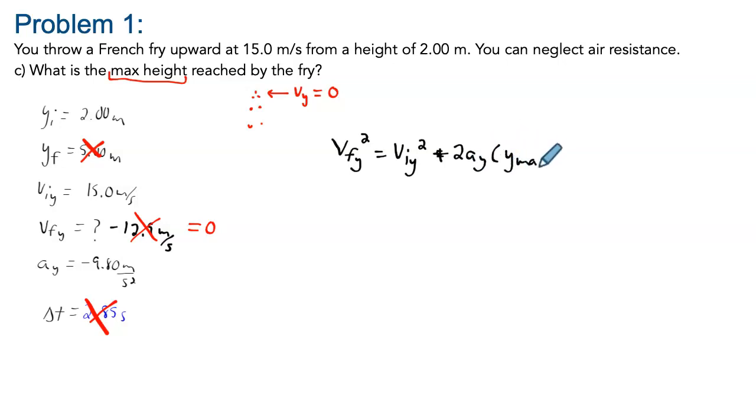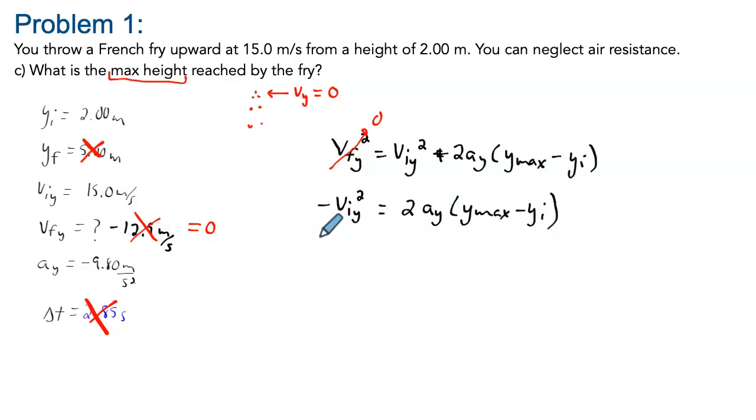So this will now be my y max minus y initial. And to solve for this, the V final we said was 0, so this will simplify things a little bit. So when I want to isolate my y max, I will take my V initial on the other side, which will become minus V initial squared, is equal to 2 times ay, y max minus y initial.